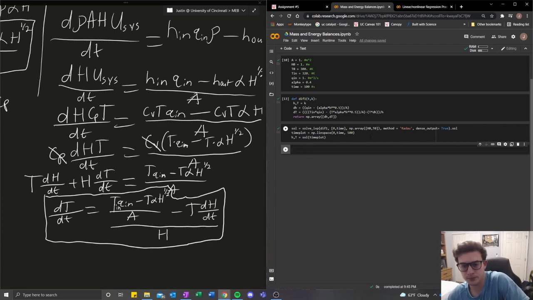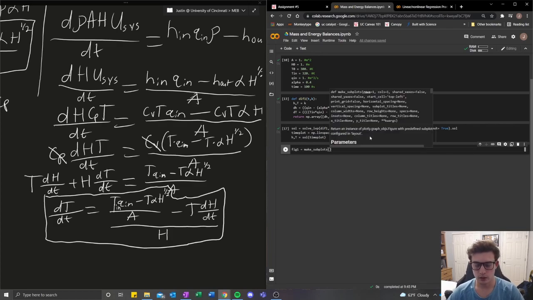So we are going to make some figures. So figure 1 is going to be equal to make subplots. And we're going to want two graphs side by side.